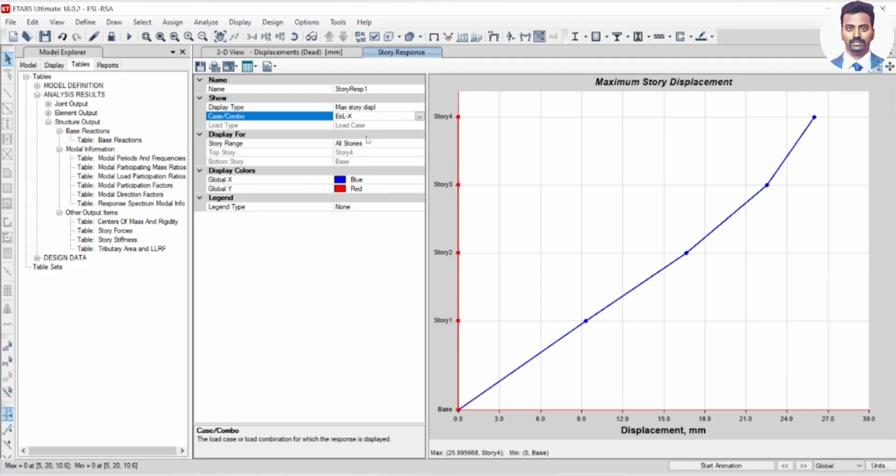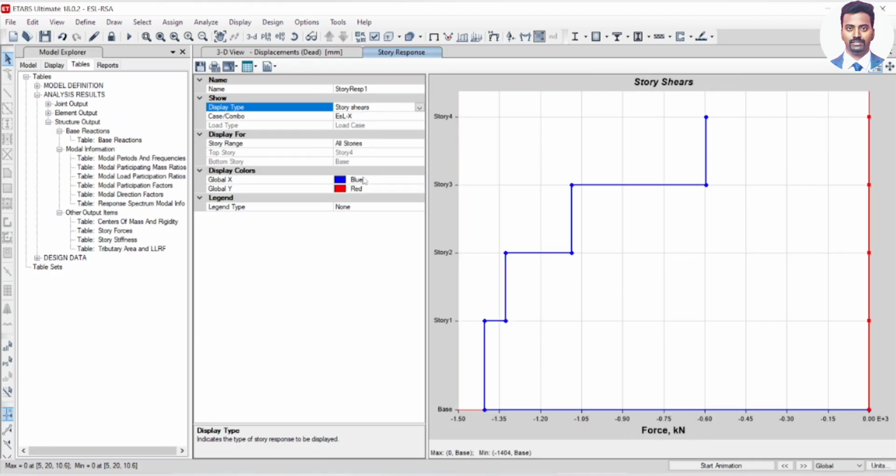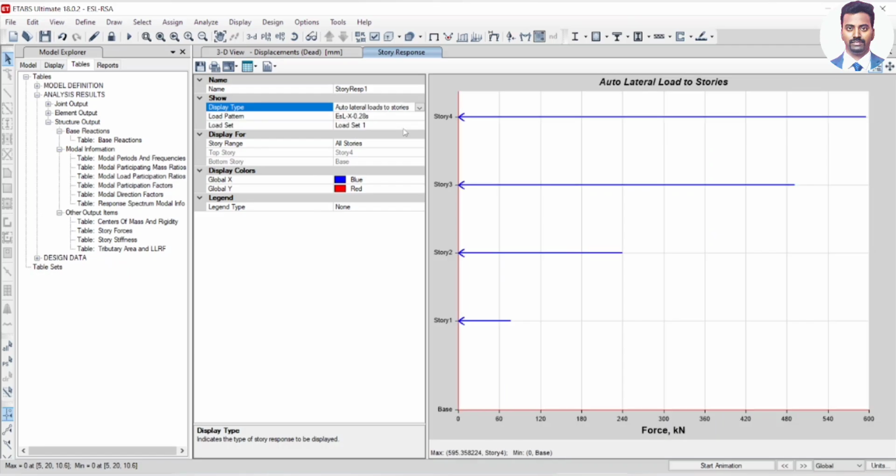Equivalent static analysis, and if you go to story shear, here you can see the total base shear is 1404, and at each floor what is the shear, here you can see the value is 595, etc. Or if you need the lateral story force, you can see 595 is the maximum. You can see it at the bottom.